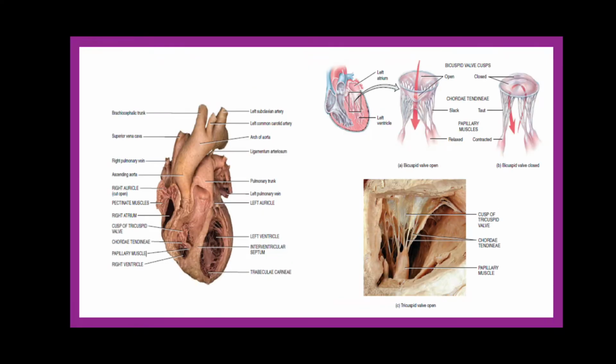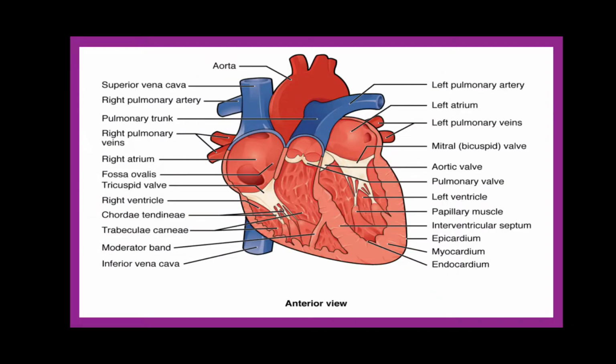These are the two atria, this is the left one and this is the right one, though it is exactly opposite to what we saw in the introduction lecture. Atria are called receiving chambers, and they are superior in location, meaning they are at the top. Receiving means they are receiving the blood.